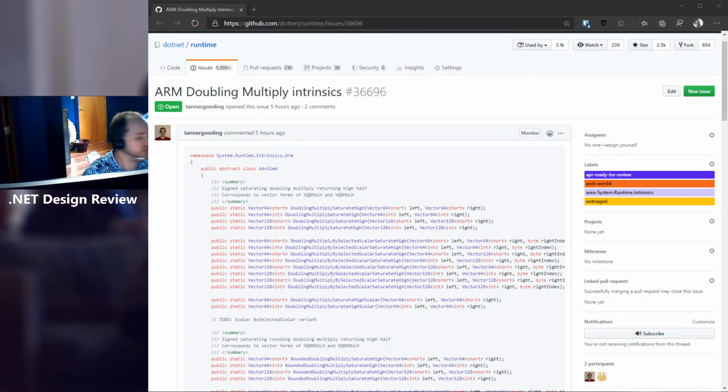Yeah, the one downside is the scalar suffix. But maybe that's not too bad. Seven method group.